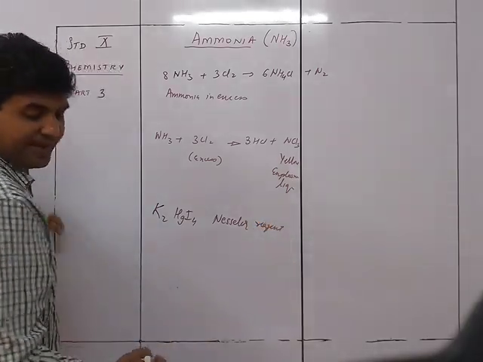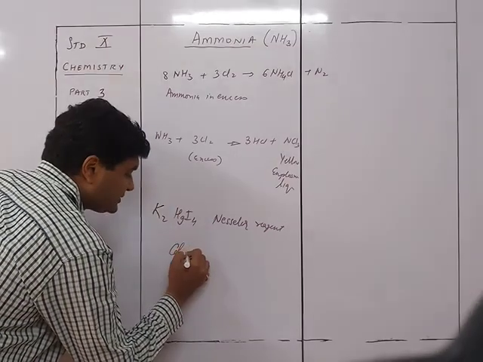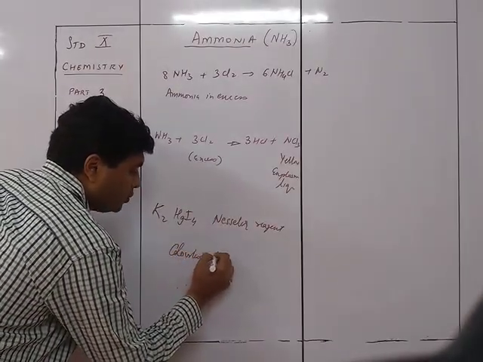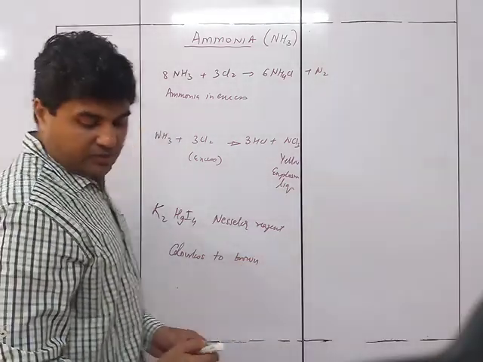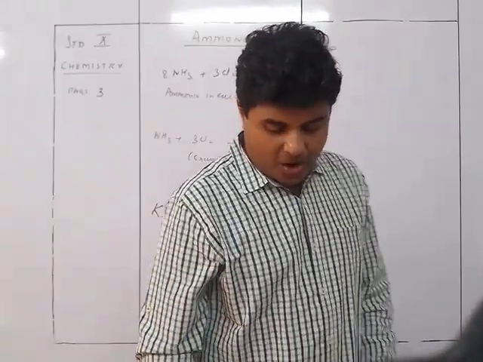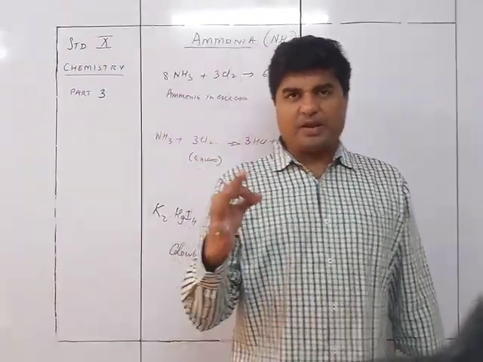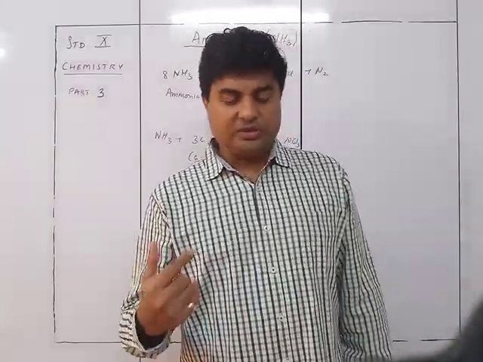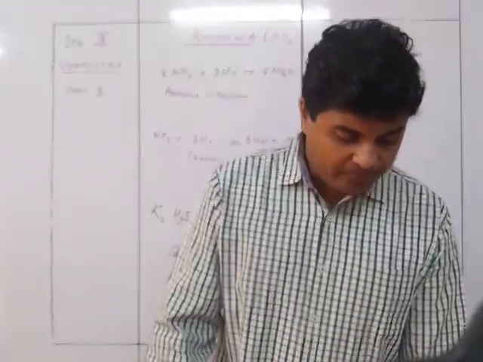So Nessler's reagent is going to go from colorless to brown. When you pass ammonia through Nessler's reagent, it will become brown. On excess of ammonia, it will become a brown precipitate. First it will be pale brown and then dark brown. So this is how you can identify ammonia through the tests.